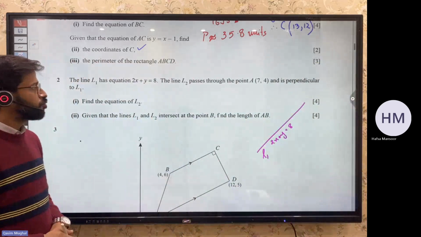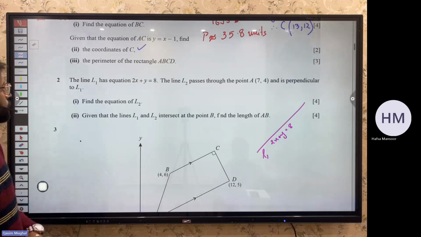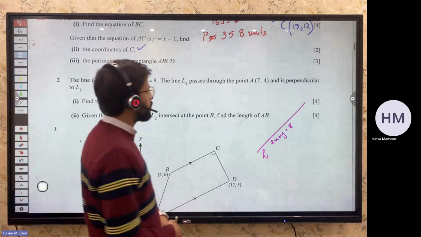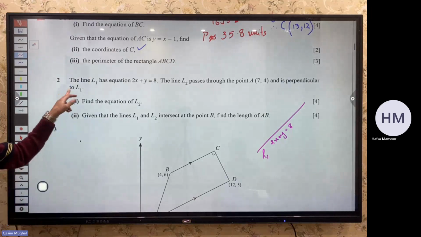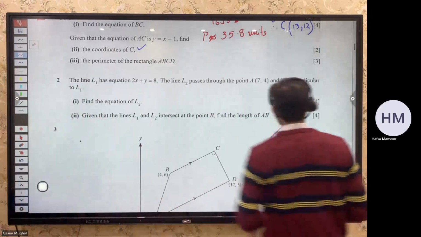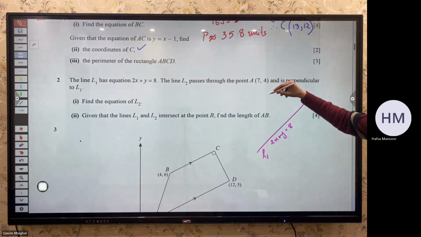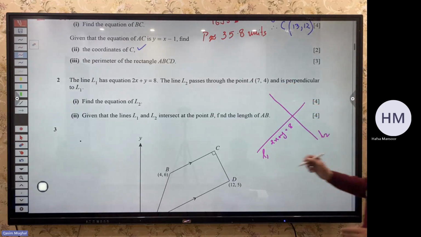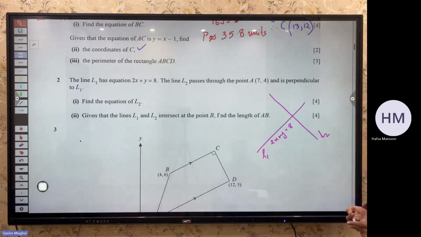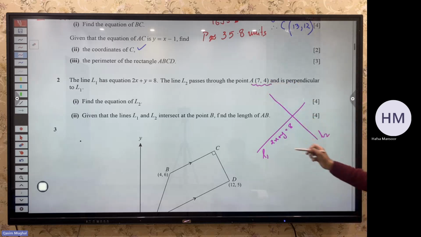Okay, the line L2 passes through the point A, which is 7 4, and is perpendicular to L1. This is L2. Now this is an important point. मैंने अक्सर स्टूडेंट को देखा है इसी क्वेश्चन में वो ये समझते हैं कि this A is the intersection of L2 and L1. If you read the question, the examiner hasn't mentioned it. It could be, but it is not obvious. ठीक है?